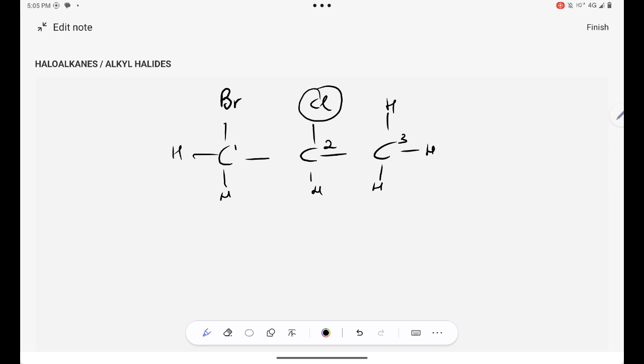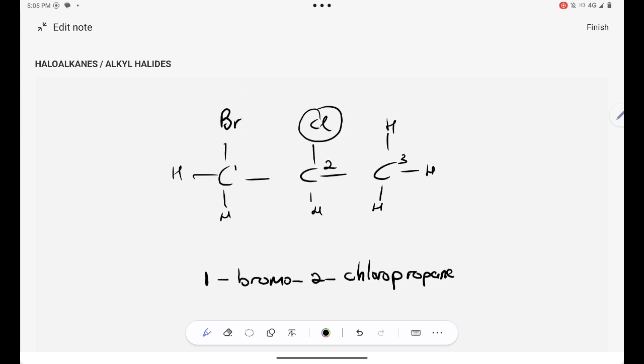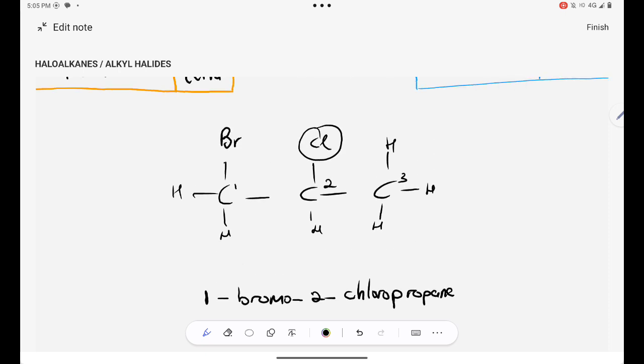Are you together? So we'll simply say that at carbon number 1, we have bromo, and then at carbon number 2, we have chloro, and then since the longest chain has 3 carbons, and there are single bonds between the adjacent carbons, we simply say we have propane. 1-bromo-2-chloropropane.